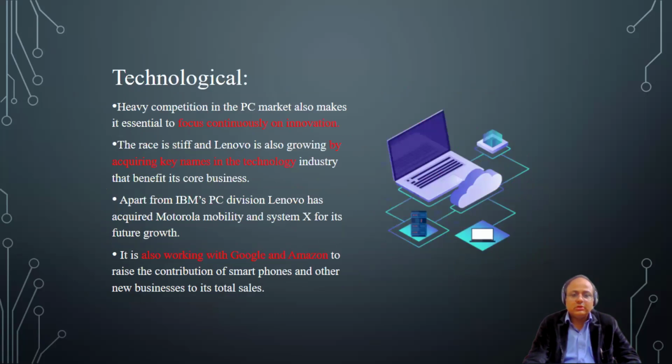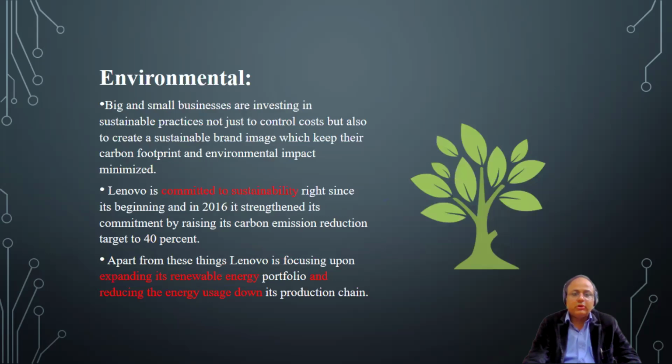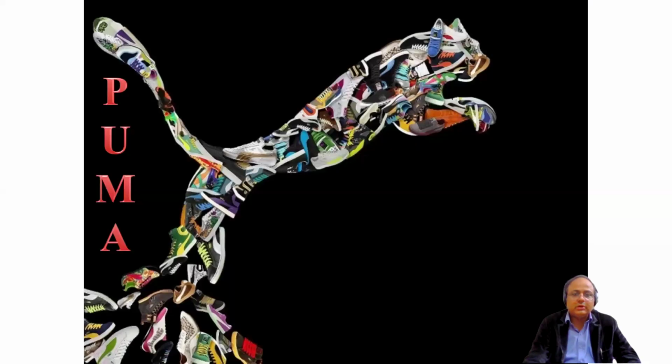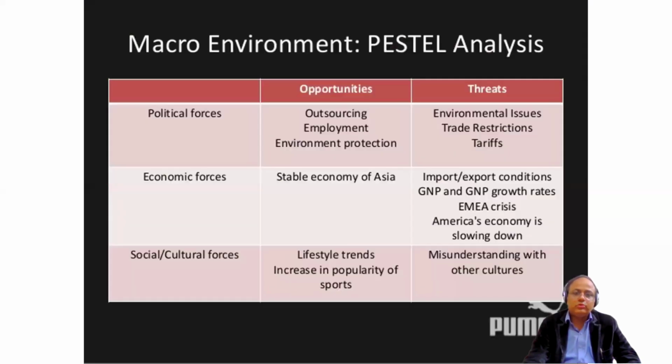For technological, they are coming up with the newer trends that are happening in the market. For environmental, they are committed to sustainability, and for legal, they are focusing upon all the laws related to taxation, labor, and intellectual property rights. Similarly, for Puma also, you can design the PESTLE analysis the way it is designed here.